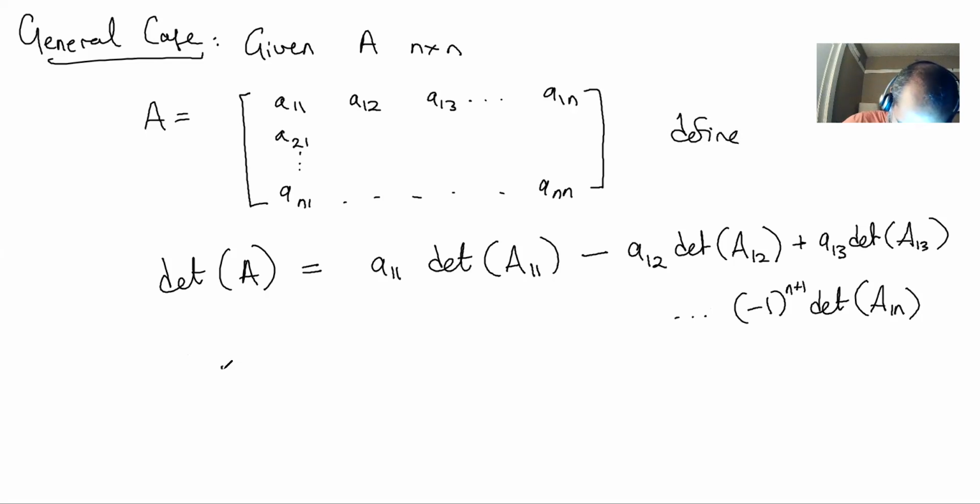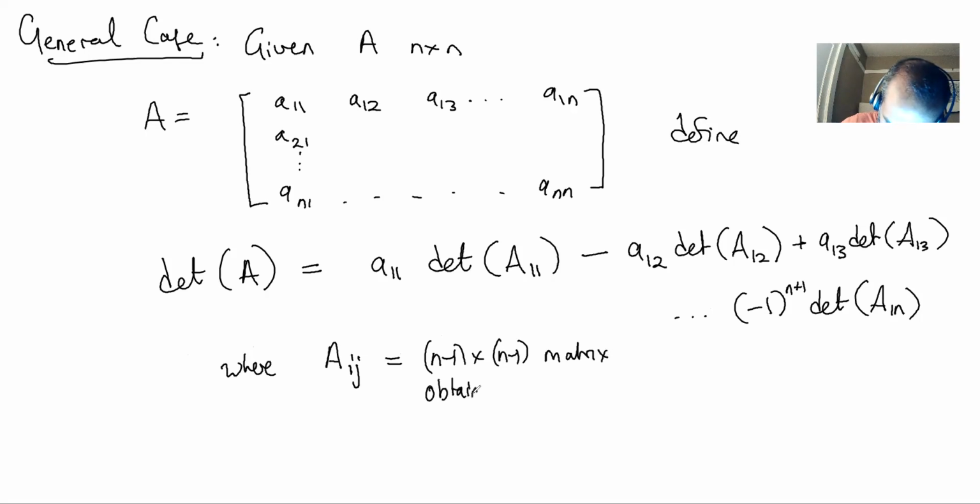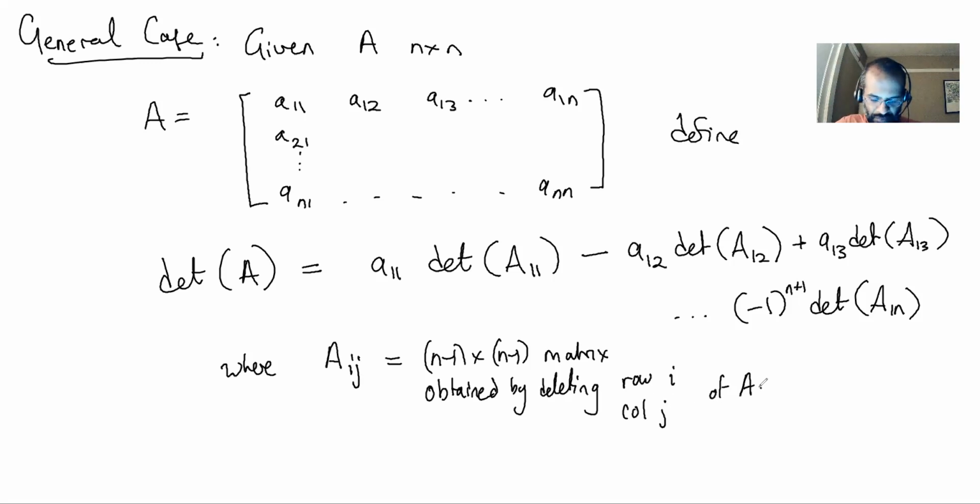Let me say what they are. Where Aij is an n-1 by n-1 matrix obtained by deleting row i and column j of A. Okay. Now, I'm going to do an example very shortly.